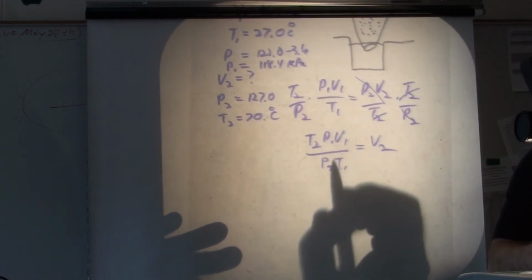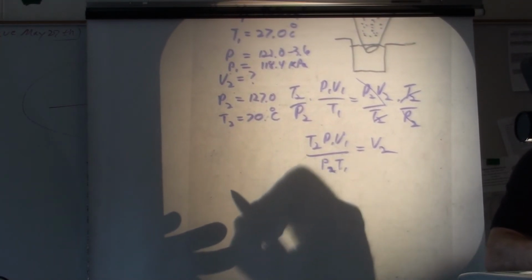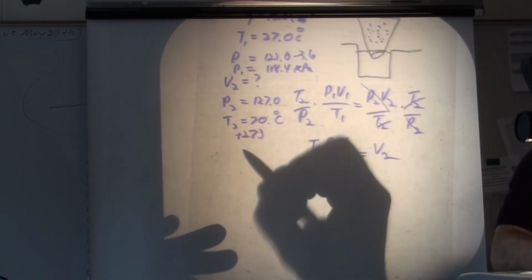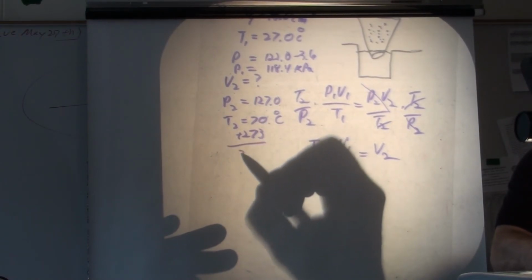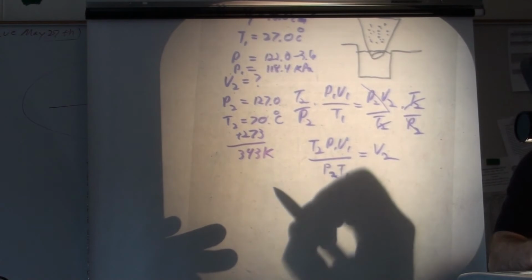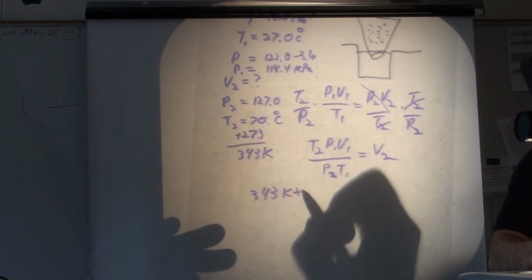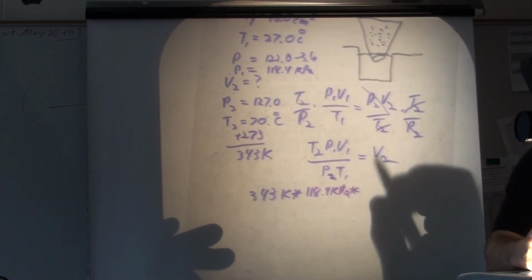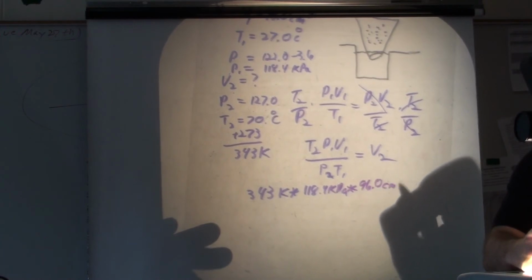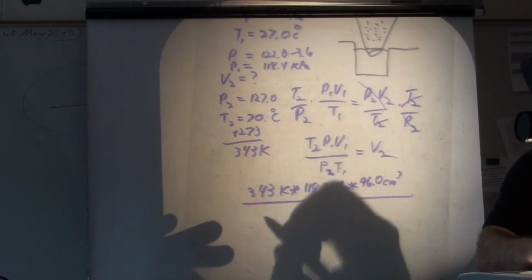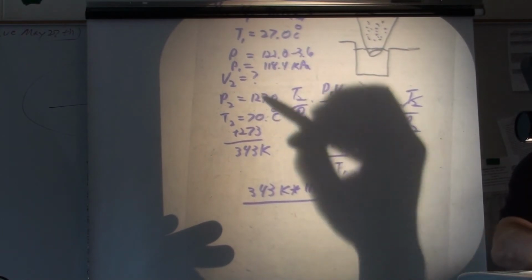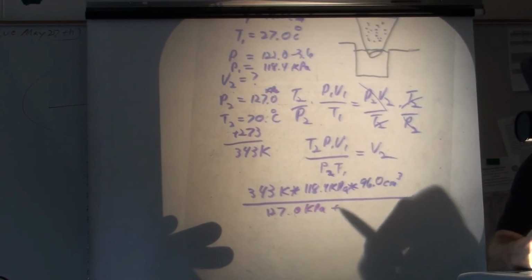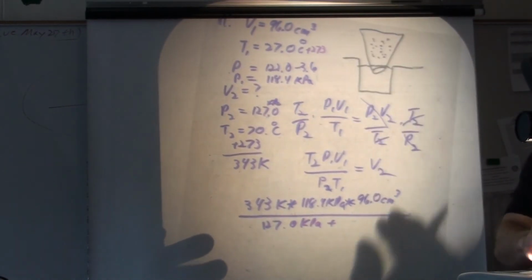So T2. Oh, it's got to be in Kelvin, right? So we got to add 273. So that would be 343 in Kelvin. So 343 times P1 times V1 divided by P2. P2 is the 107 kPa. T1, have to add the 273.